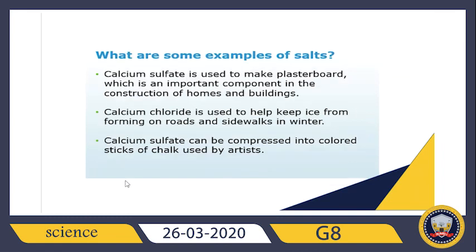Other examples of salts are calcium sulfate and calcium chloride. Calcium sulfate, for example, is used to make plasterboard, which is an important component in the construction of homes and buildings. Calcium chloride is used to help keep ice from forming on roads and sidewalks in winter, and so on.